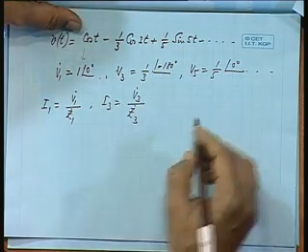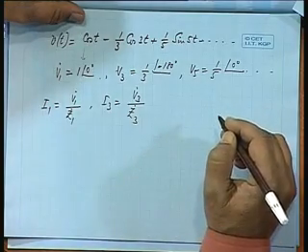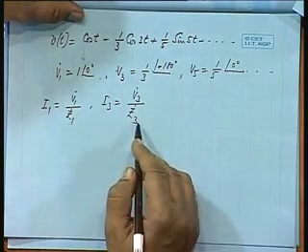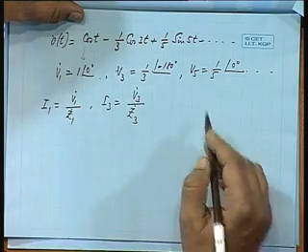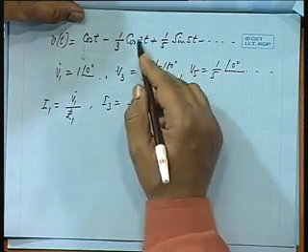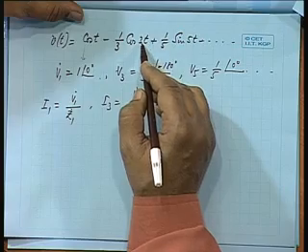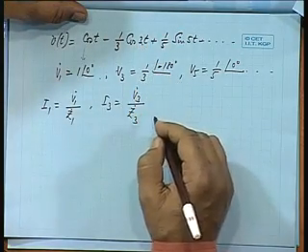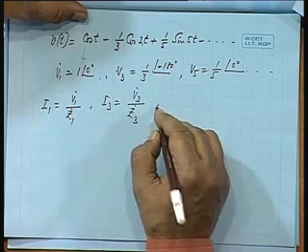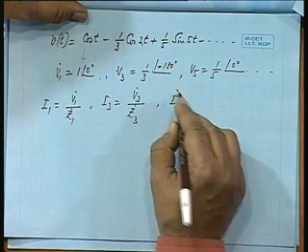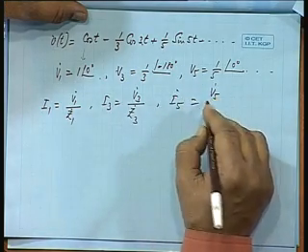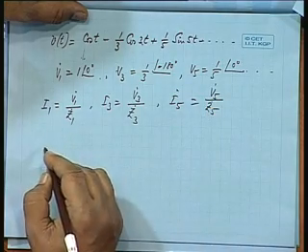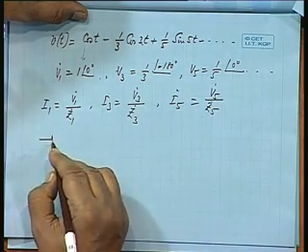Similarly, I3 will be V3 by Z3, where Z1, Z3, Z5 mean, by this we mean the value of the impedance, complex impedance at the first harmonic, fundamental, third harmonic, fifth harmonic and so on, and the corresponding frequencies are known. Omega naught is 1, this is 3 times omega naught, 5 times omega naught and so on.